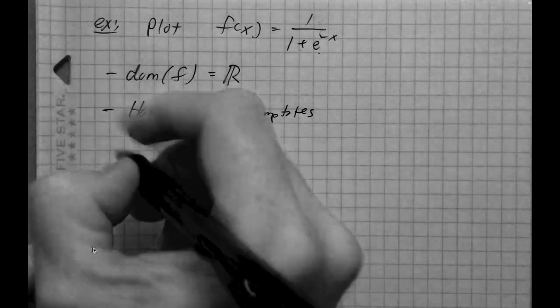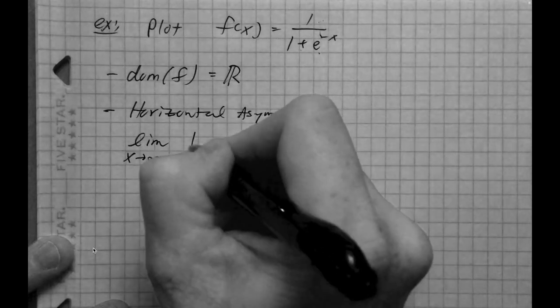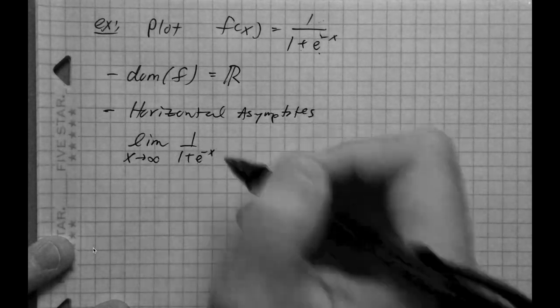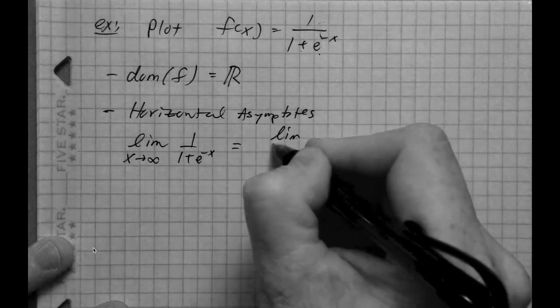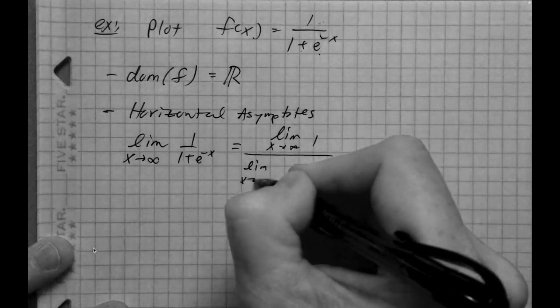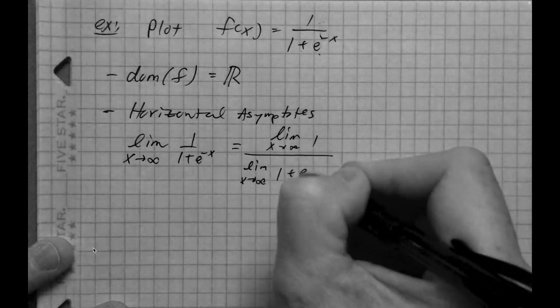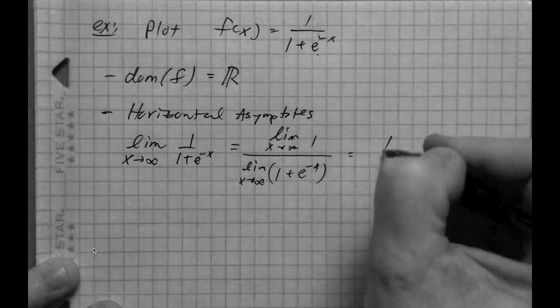Horizontal asymptotes. So the limit as x approaches infinity of 1 over 1 plus e to the negative x. Okay, and again, breaking this down, you've got the top to worry about and then the bottom. Now what happens at the top? Well, it's 1 for sure.